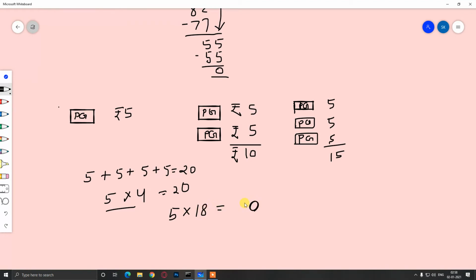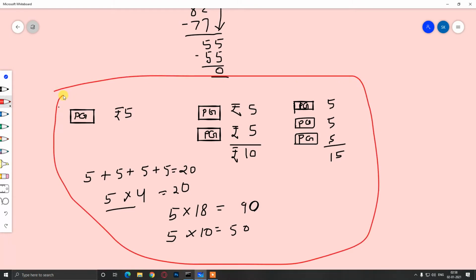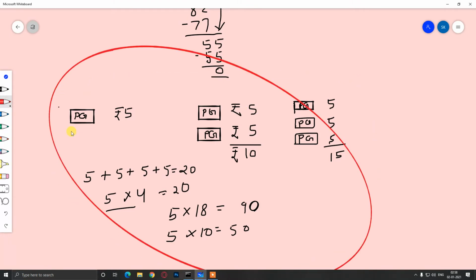Okay, so cost of 10 Parle-G will be what? Means we have to add 5 10 times, so 5 multiplied by 10, directly we can write 50. So this is how we have to solve the question number 11. So this full thing you do not write, it is just for understanding. Okay, so don't write this.